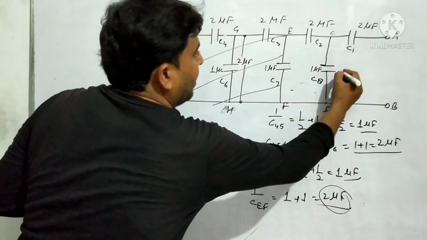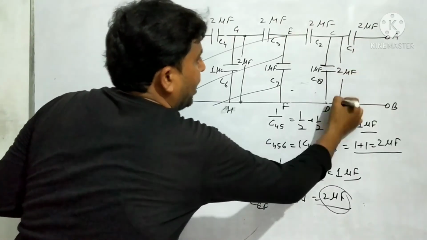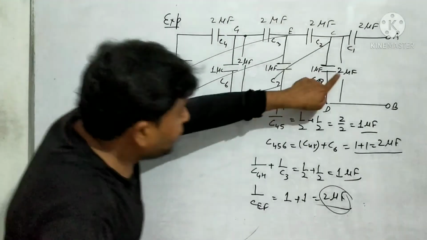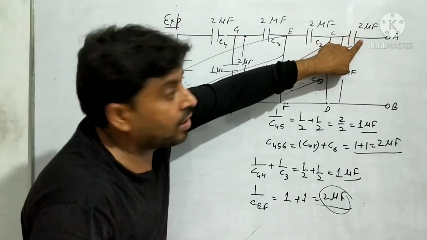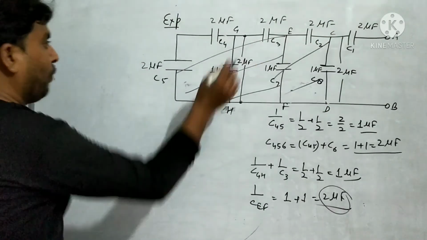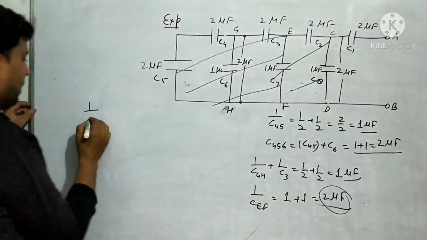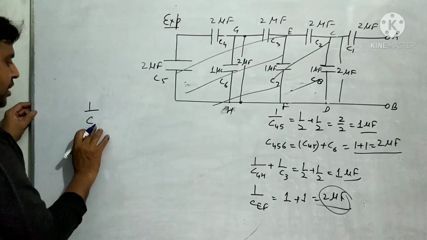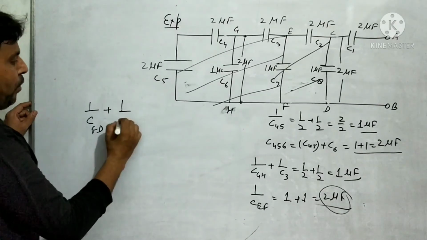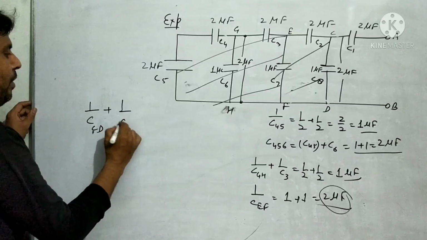Sorry, I will write it here. 2 microfarad till here, the whole combination. And such 2 microfarad connect with that last capacitor in series. So finally, 1 upon CD, the capacitance of the circuit till CD, plus 1 upon 2 microfarad, and that one is C1. 1 upon C1.